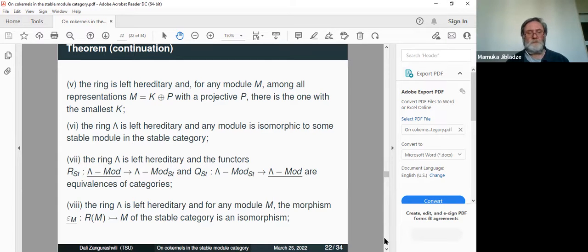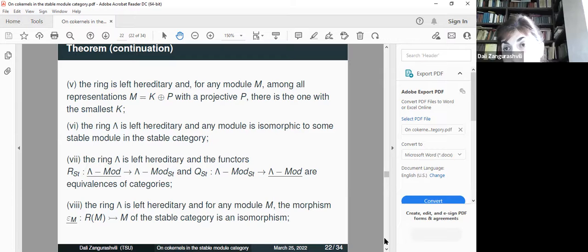It was known long ago, but in our previous work, we gave another criterion for a homomorphism of modules to be an isomorphism in the stable category. And in passing, these results are used in proving the equivalence of some of these conditions.